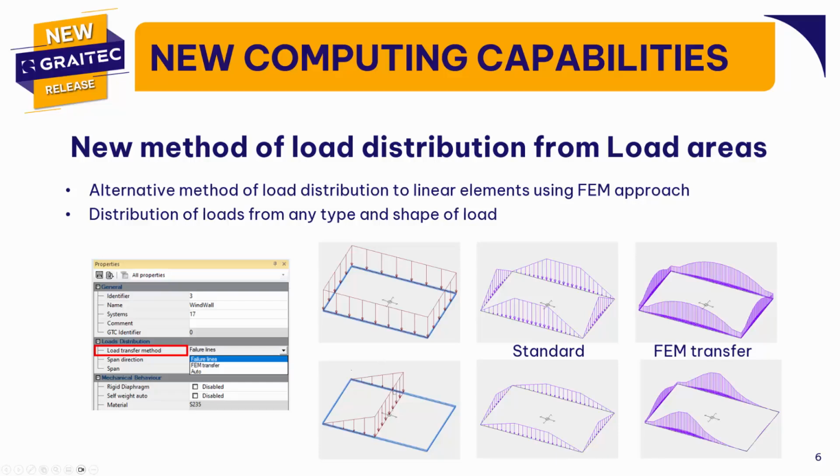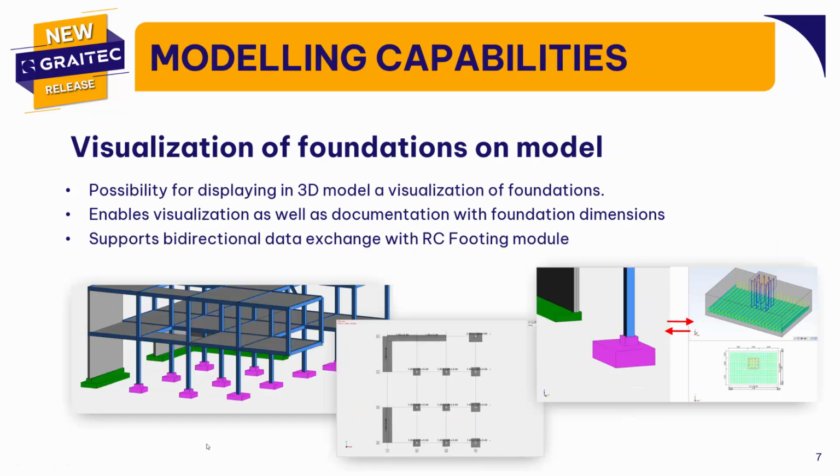To access this tool, it is very simple. Again, it's in the planar element properties, and you can go here for the load distribution or load transfer method and define the method that you prefer to apply to your project.